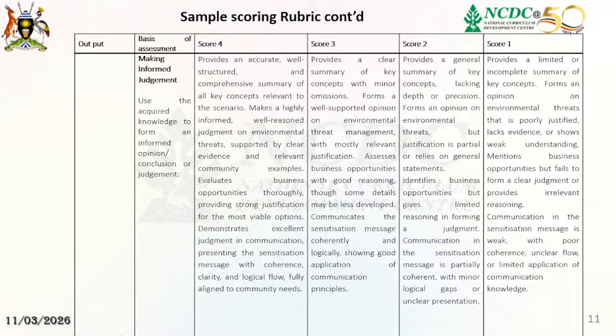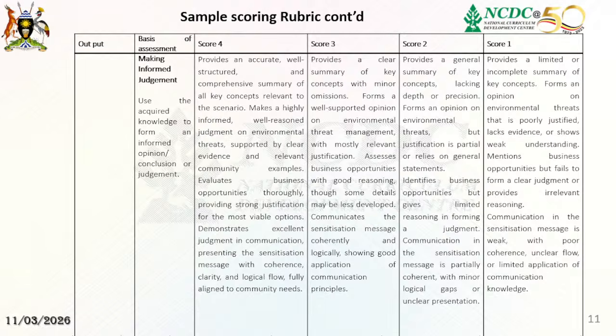So a learner who will provide an accurate, well-structured, and comprehensive summary of all the key aspects relevant to the scenario, that learner will be scored a 4. A learner who will provide a clear summary of key concepts with minor omissions and form a well-supported opinion on environmental threats management, that learner will qualify for a 3.